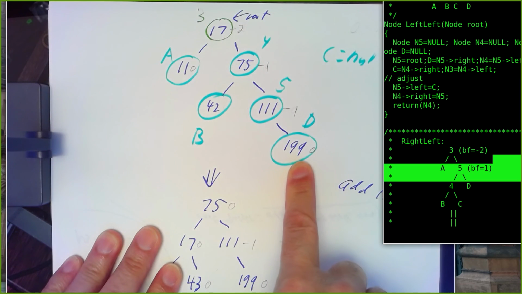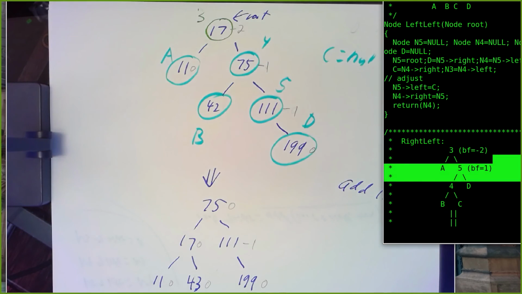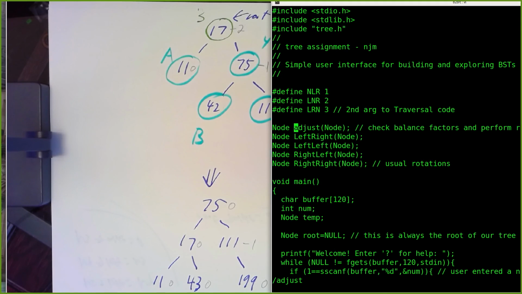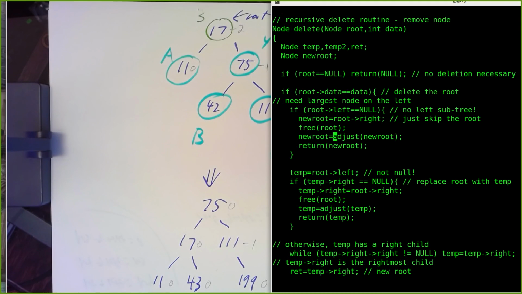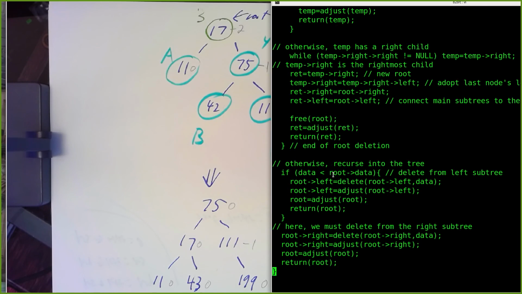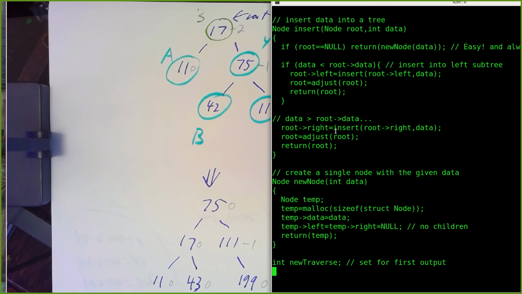When we come out of the recursive calls, we end up basically moving back up to the original root. And so yeah, this is called, for example, after you do the insertion on the right or on the left, you call your adjust.